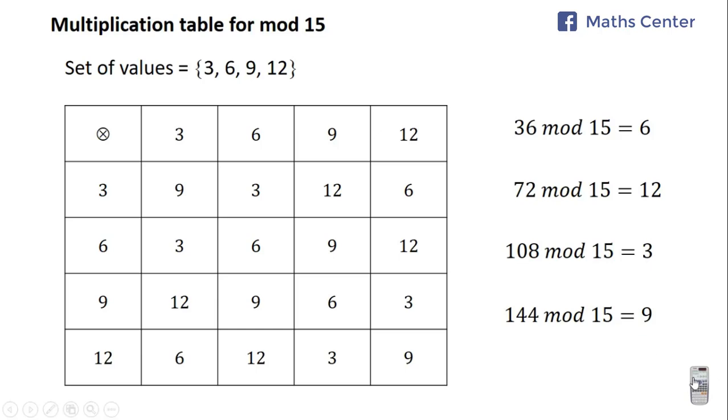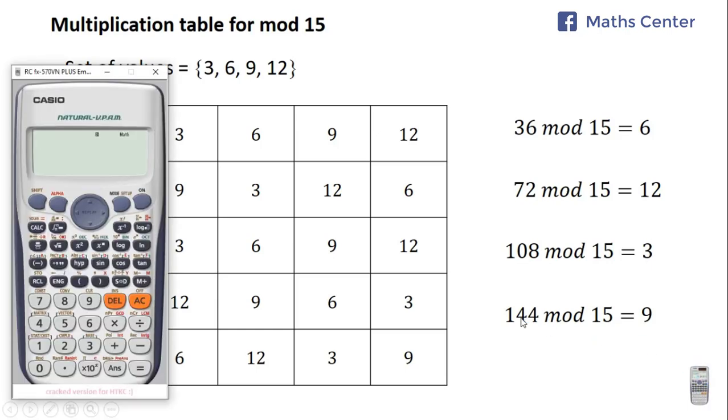If you want to use the trick to find 144 mod 15 in the calculator, subtract 15 from 144 and you have 129. You subtract 15 from 129, you have 114. You subtract 15 from 114, you have 99. You subtract 15 from it, you have 84. You subtract 15 from 84, you have 69.